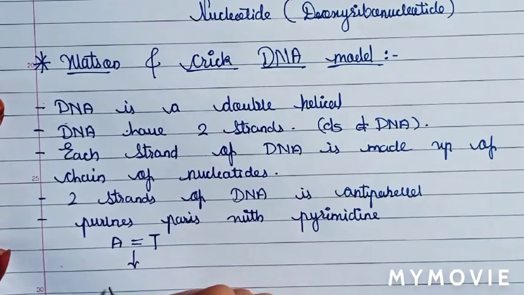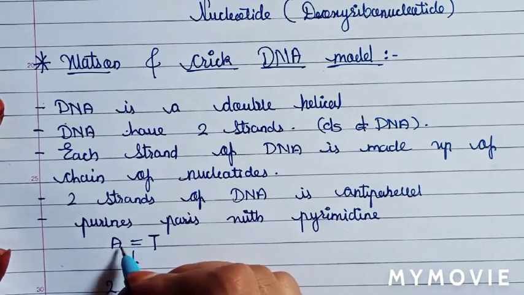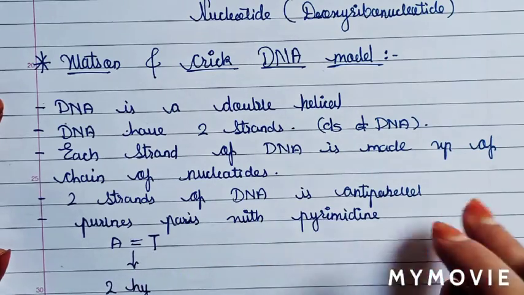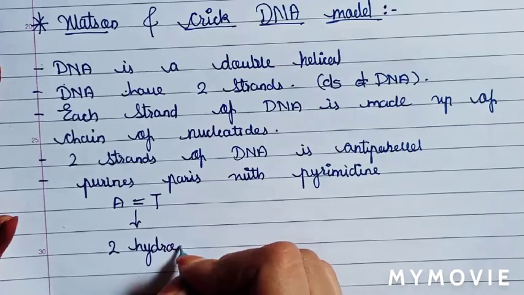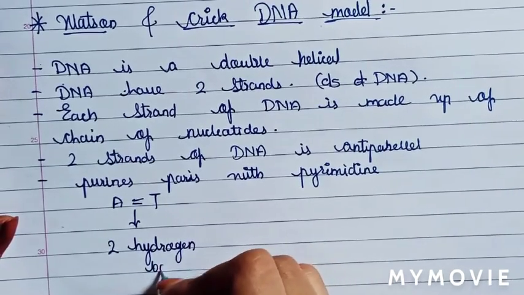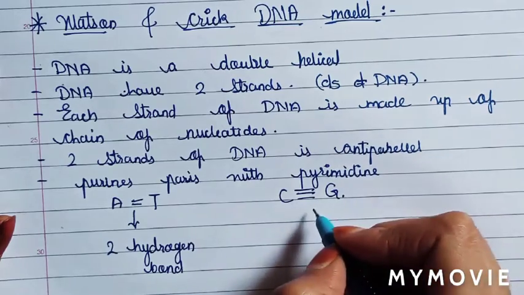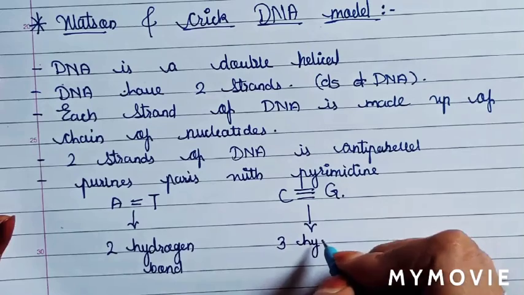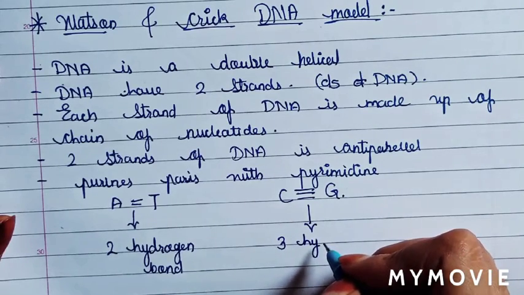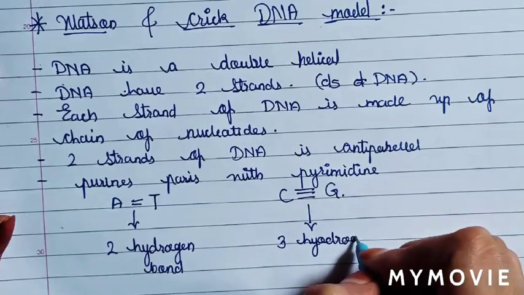Here you can see it forms 2 hydrogen bonds, meaning in adenine and thymine there are 2 positions where hydrogen bonds are formed. Cytosine pairs with guanine and forms 3 hydrogen bonds. Here you can see 3 hydrogen bonds. It means there are 3 positions where hydrogen bonds are formed between cytosine and guanine. Okay.